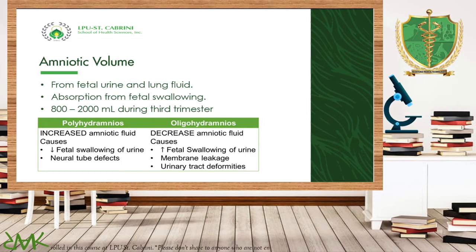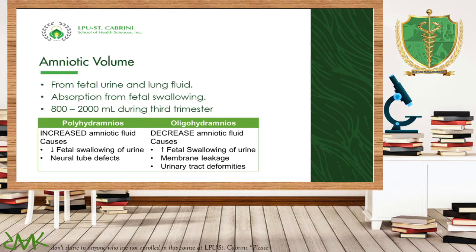The excess or increased amount of amniotic fluid is due to neural tube defects, which will be discussed and elaborated as we go along, and due to decreased fetal swallowing of urine, a decrease in the absorption of fetal swallowing and intramembranous flow, which resulted in an increased amount of our amniotic fluid.